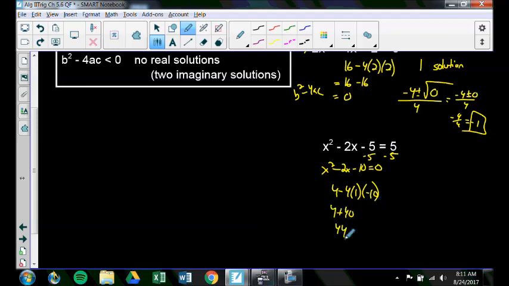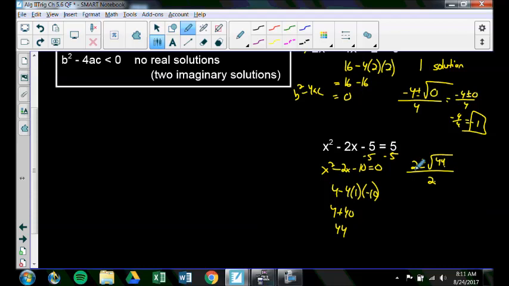So the solution is going to be negative b plus or minus the square root of b squared minus 4ac all over 2a. This 2 and this 44 can't divide, because one's inside a square root and one isn't. And this 2 and this 2 can't cancel, because I can't just do part of it, I've got to do all of it.